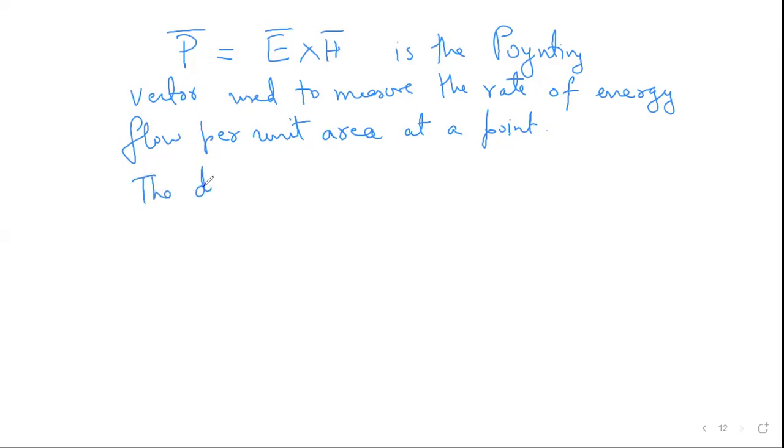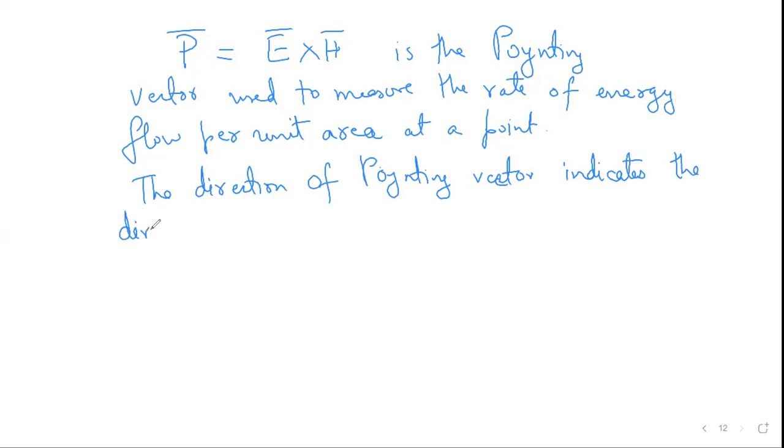The direction of the Poynting vector indicates the direction of the instantaneous power flow.